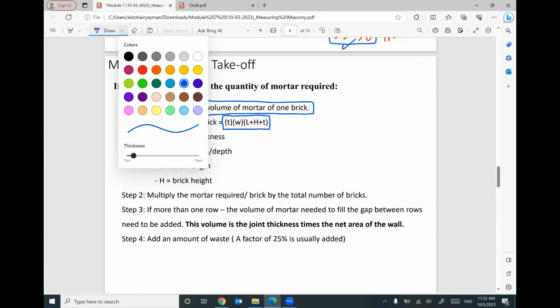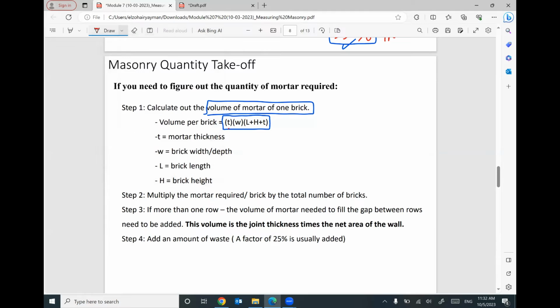This expression equals T, the thickness of your mortar joint, by W, the width of your brick. Your brick is defined like this. This is the length, this is the height, this is the width. So this is the width, W.